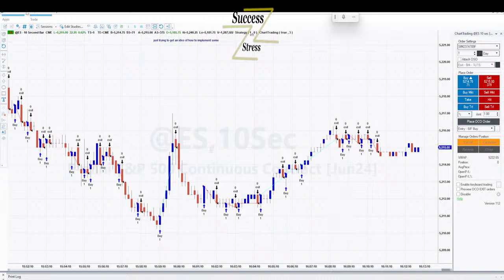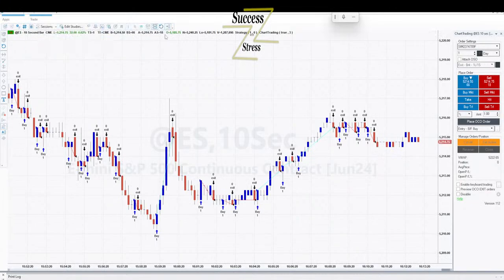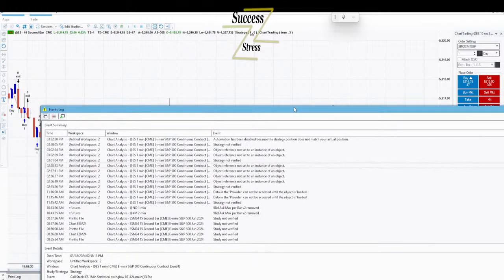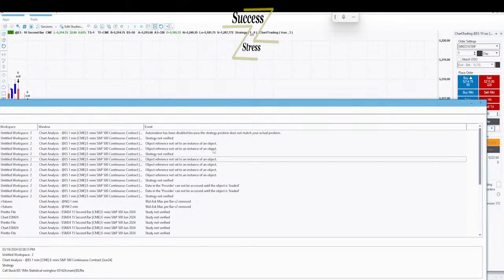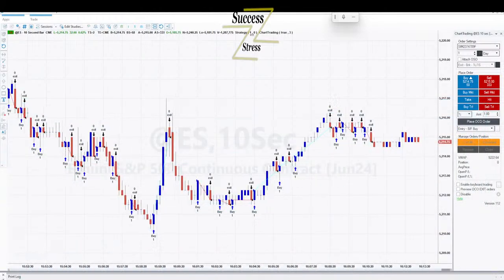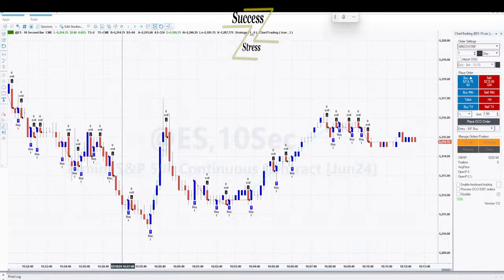Not the message center. We need to go to the log. Automation has been disabled because the strategy position does not match your actual position, which is the weird thing about it, is even on simulation account, I don't have an actual position.